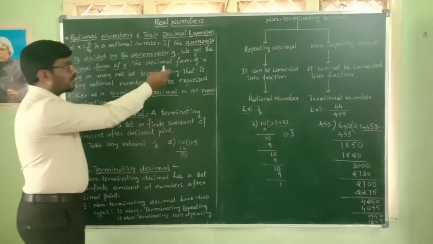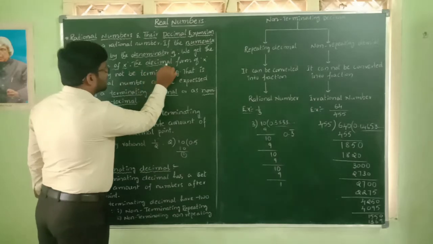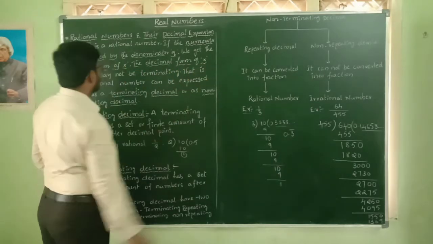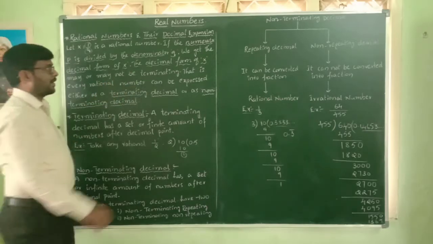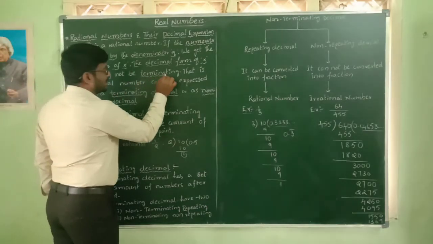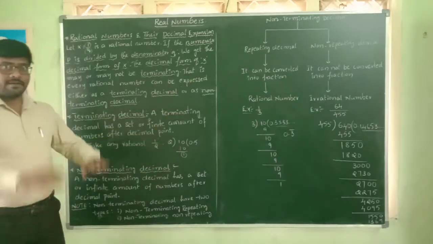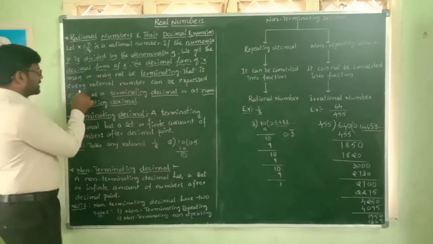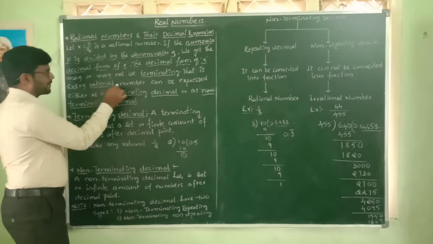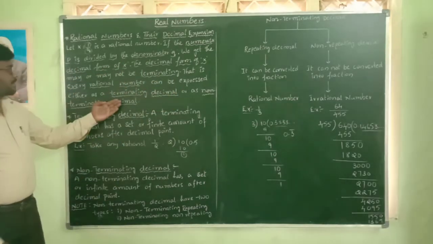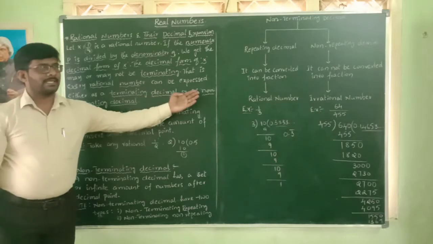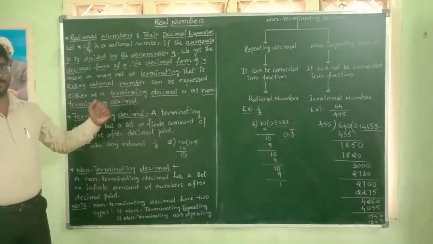The decimal form of x may or may not be terminating. That is, every rational number can be expressed as a terminating decimal or as a non-terminating decimal.